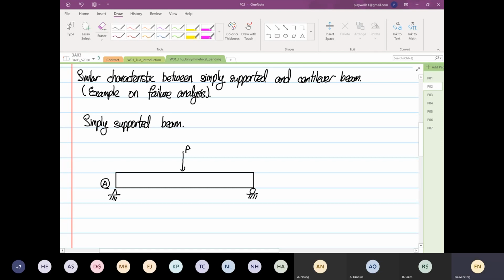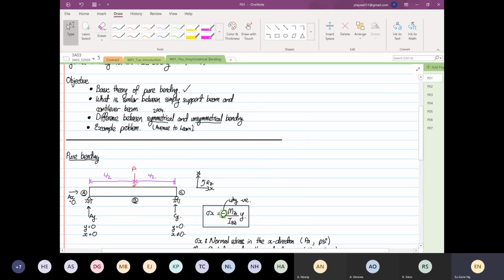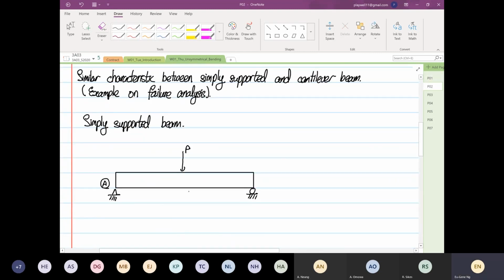Now, can anyone tell me where the structure will fail?